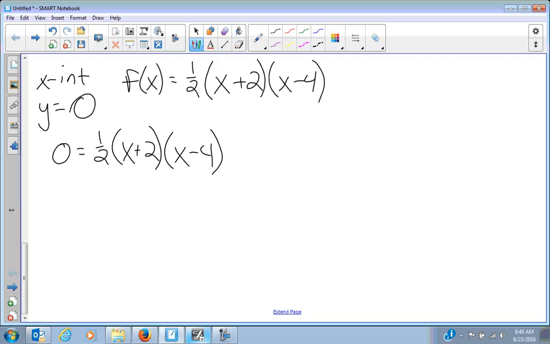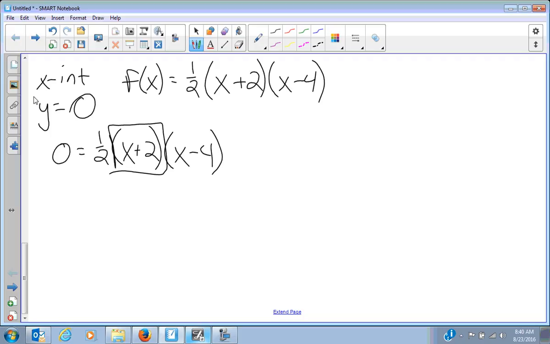Let me ask you, if this bubble right here turns into a 0, what happens to the whole equation? I'm trying to figure out, when does this equal 0?